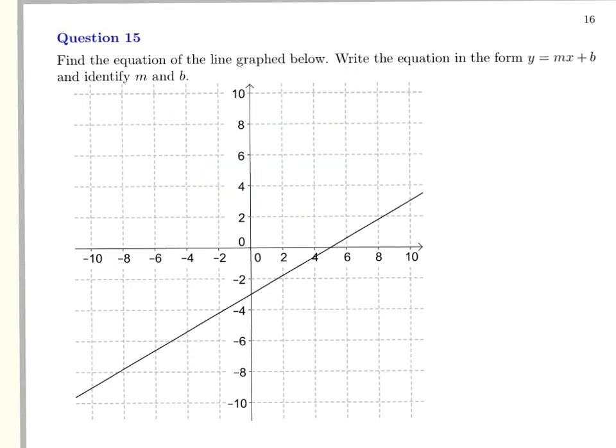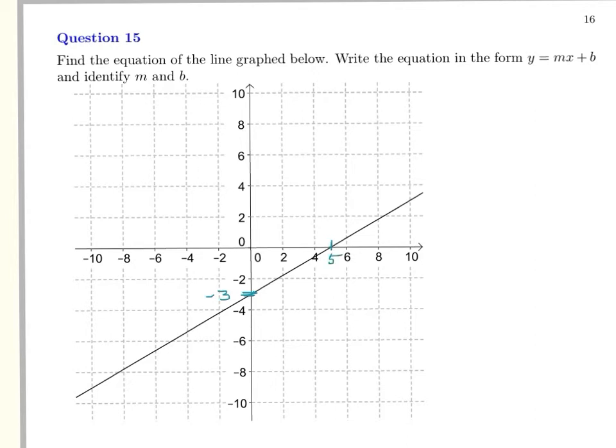Okay, so now I'm supposed to come up with the equation for this graph. I can see that the y-intercept right here is at minus 3, and the x-intercept is at 5.